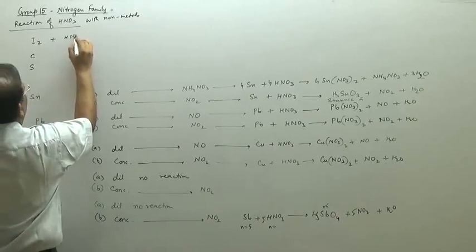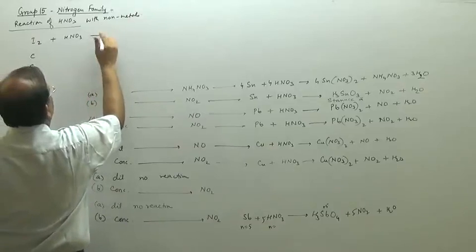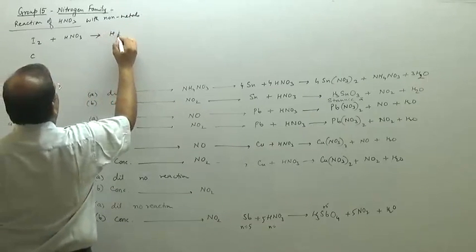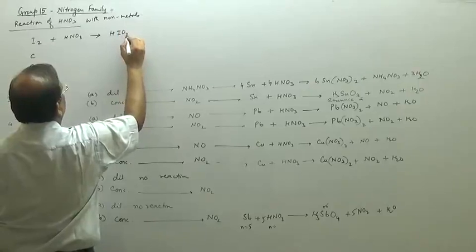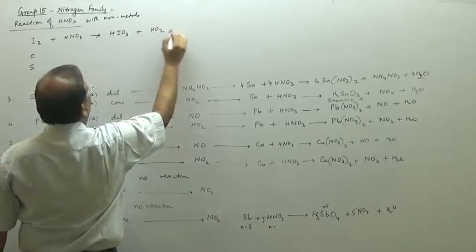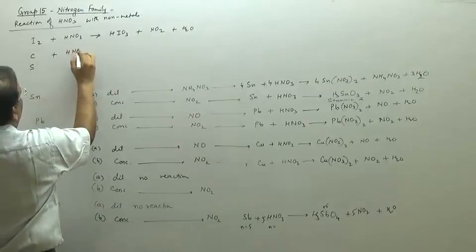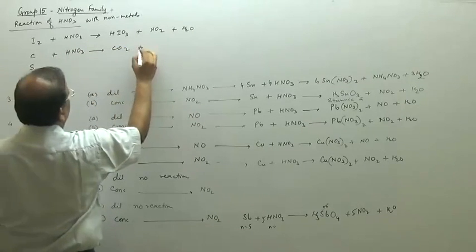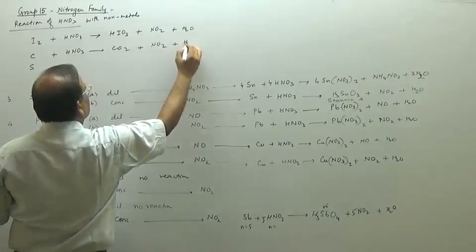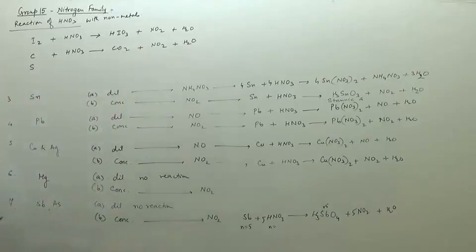If I treat I2 with HNO3, I get HIO3, the acid, plus NO2 plus H2O. With carbon, HNO3 gives CO2 plus NO2 plus H2O. Or you can write carbonic acid, it doesn't matter.